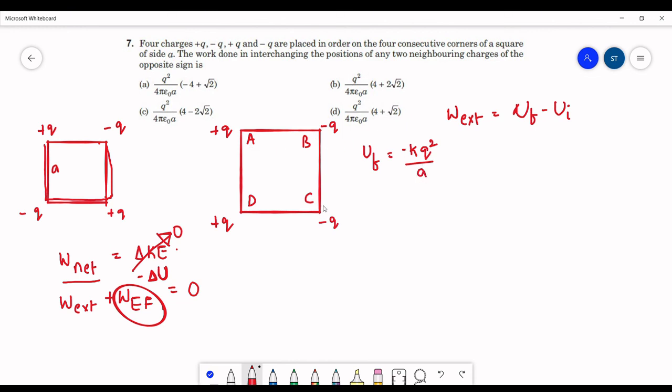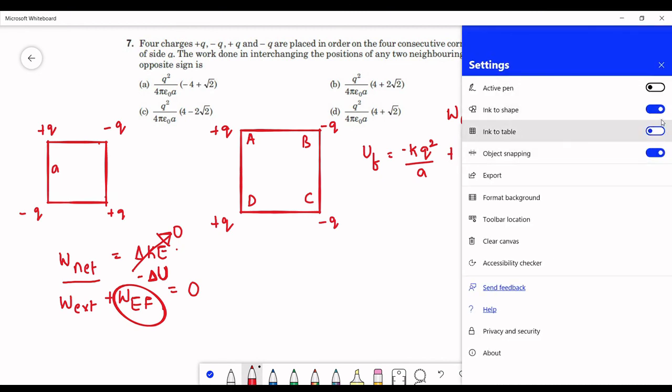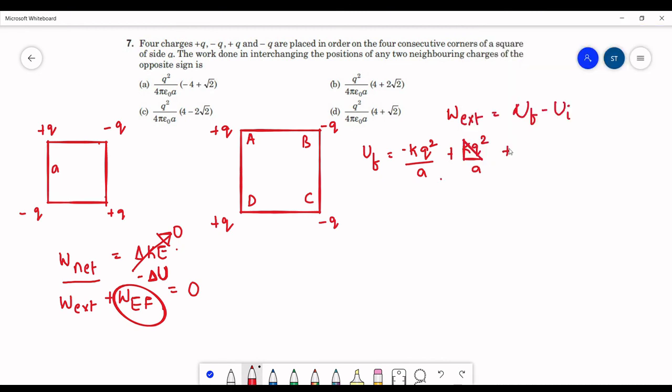Next for BC, kQ1Q2 upon a. Next for CD, it will be again minus kQ square upon a. Next for DA it will be again plus into plus, kQ square upon a.